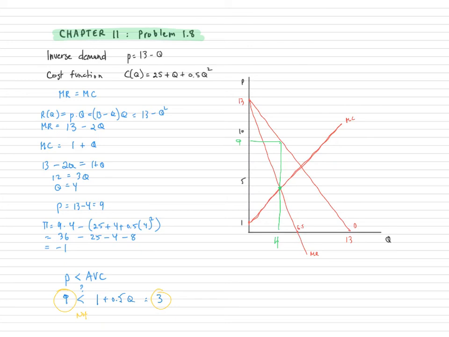And if I wanted to shade in the profit, I would have to actually find the average cost. Now, average cost is, of course, equal to the total cost divided by quantity. So that's 25 divided by Q plus 1 plus 0.5Q.